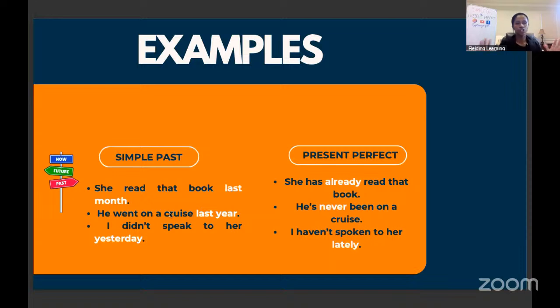So there are just some words that will give you the clue to understand that it is in the present perfect. In this case, this phrase over here, she has already read that book. So we have already there.